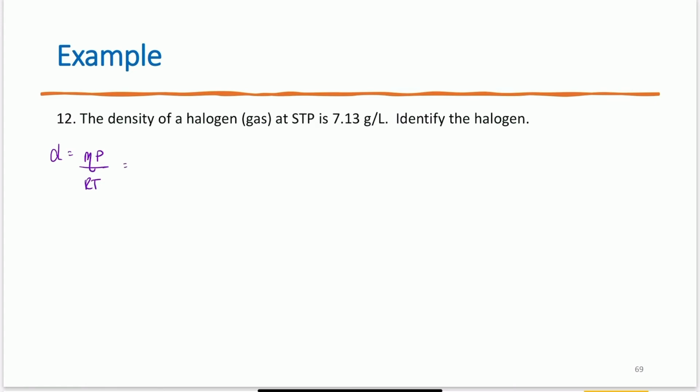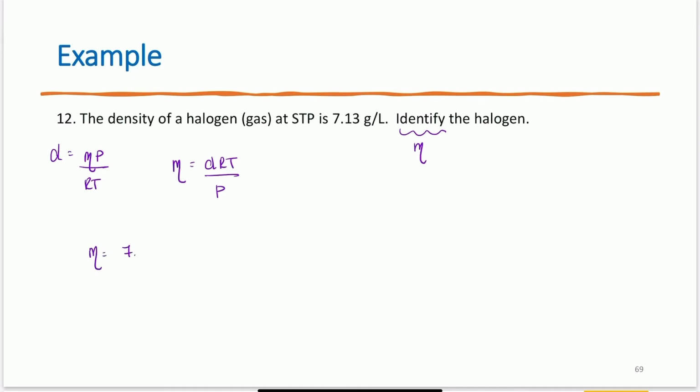Density equals molar mass times pressure divided by RT. I want to find the identity, which means I really want to find molar mass, because that's what's going to get me there. I'm going to rearrange this equation. My molar mass will be equal to my density times my gas constant times my temperature divided by my pressure.